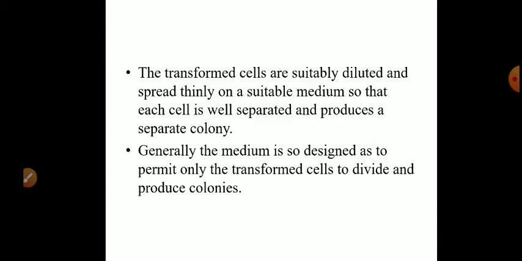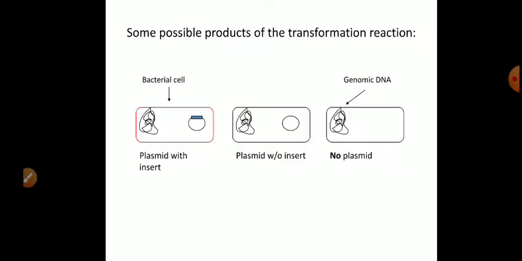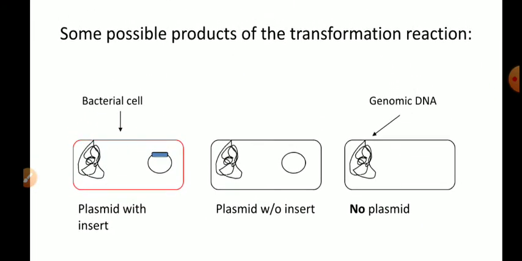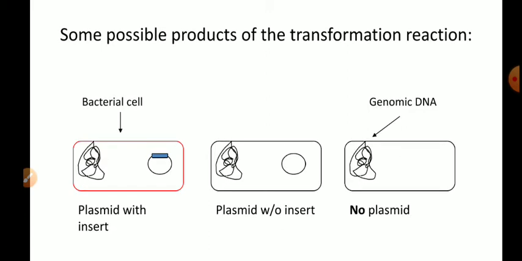Now, why do we need to do so? Why do we need a medium which will support the growth of only transformed cells? Okay. After transformation, there are possibilities that three different types of cells are present in the cell culture.